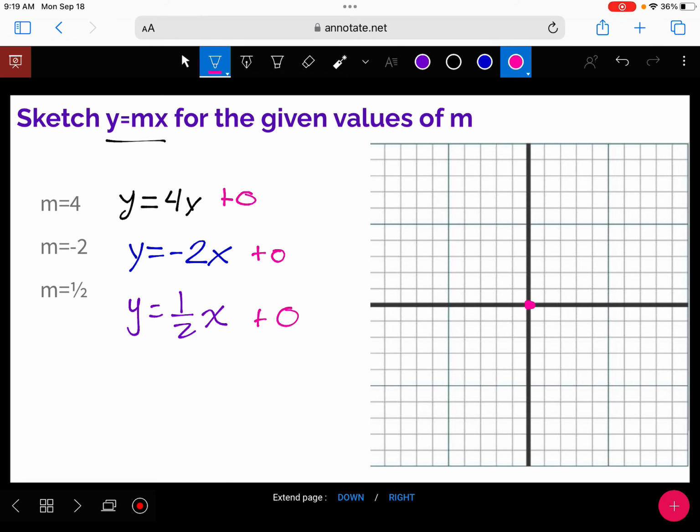So we're starting at our y-intercept of 0. That's an x, just so that we're clear. For the first one, y equals 4x, how do I move with that slope? Up 4, right 1. Or I could go down 4, left 1.